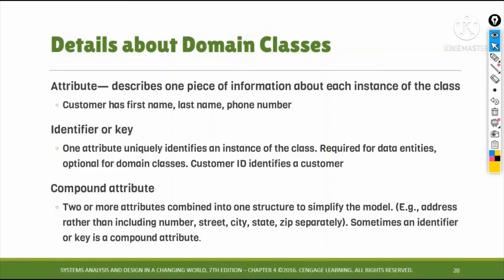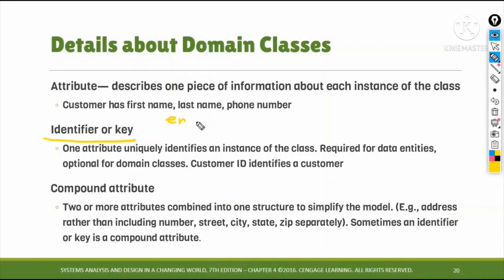So the attribute that uniquely identifies the thing is called an identifier or key. Sometimes the identifier is already established, such as the social security number.